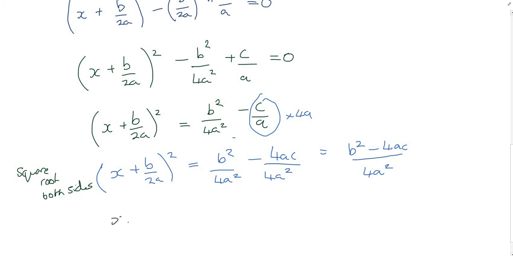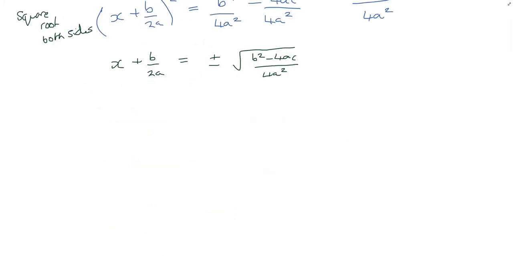So on the left hand side, because it's a square, we're just going to get back x plus b over 2a. And on the right, we are going to get plus or minus the square root of b² minus 4ac over 4a². Okay, and so we're nearly there now.